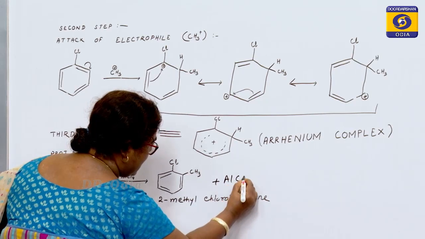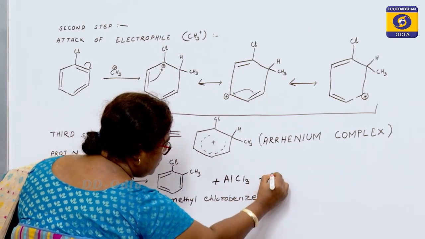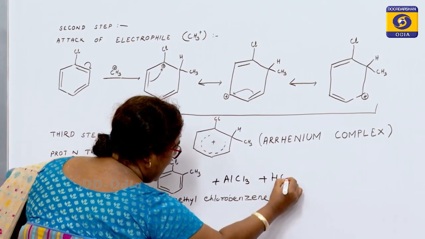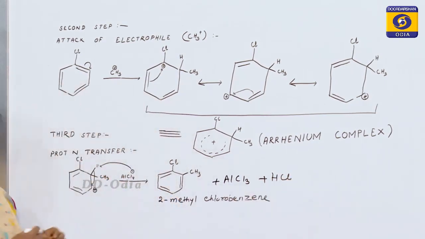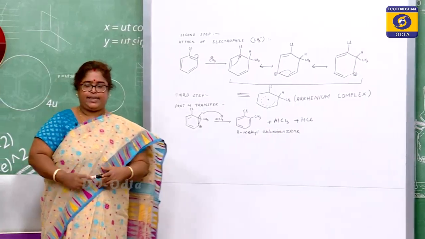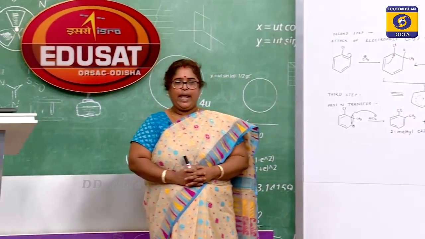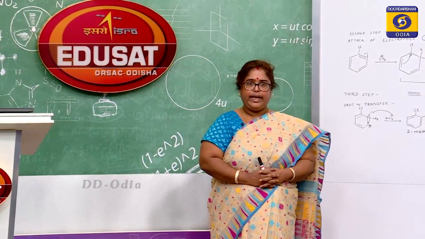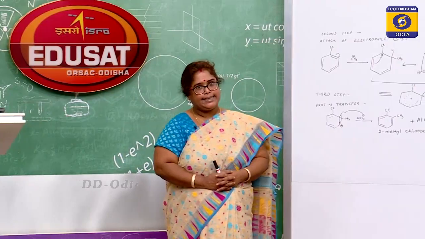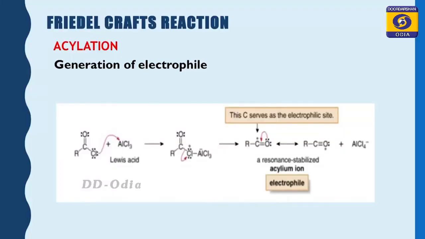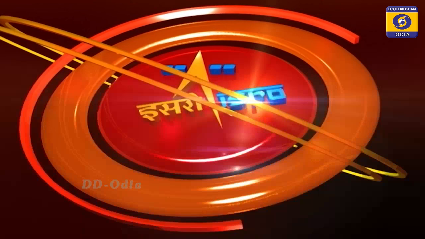So, we get AlCl3 as well as HCl as the side product. AlCl3 here is the catalyst, because initially it initiated the reaction and finally it was regenerated. So, these were all about the alkylation process by the Friedel-Crafts reaction.